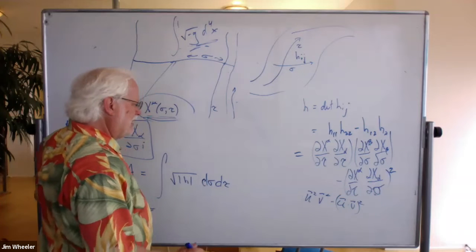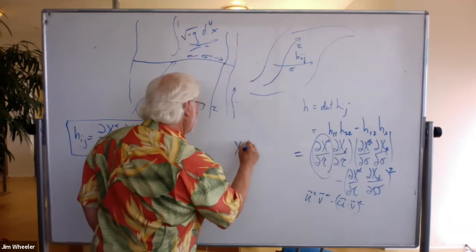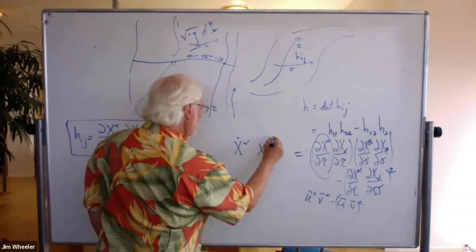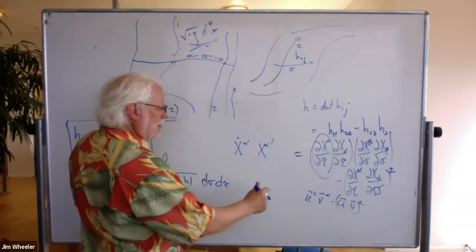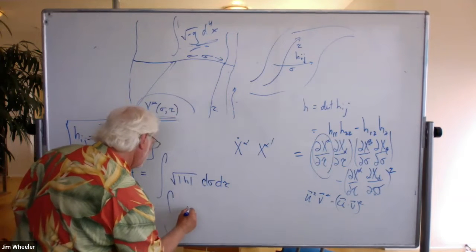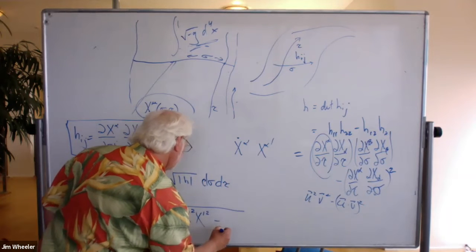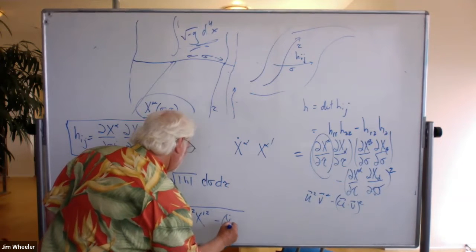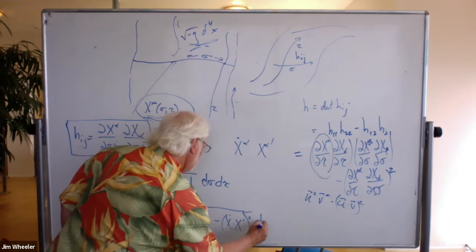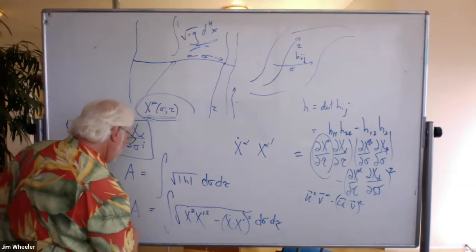And it's convenient then to write this vector as x dot, and the other one as x prime, and to suppress the inner product. So to write this as the square root of x dot squared, x prime squared, minus x dot dotted with x prime, quantity squared, d sigma d tau. And that is the area.